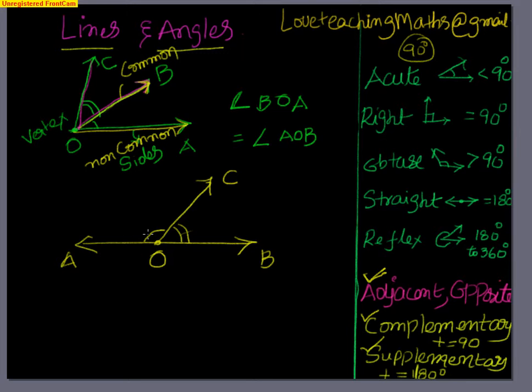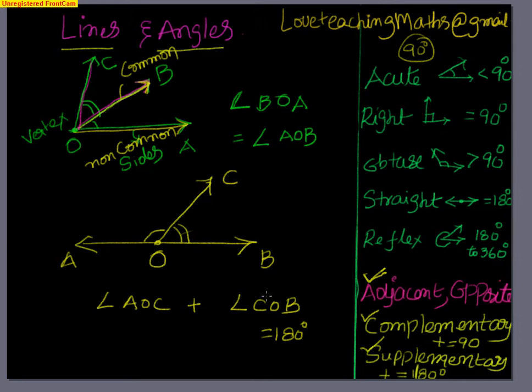Just now we have discussed what an adjacent angle is. Adjacent angles always have a common side. So angle AOC and angle COB are adjacent angles. If you see here, the non-common sides make a straight angle, that means 180 degrees. So this sum will be equivalent to 180 degrees.